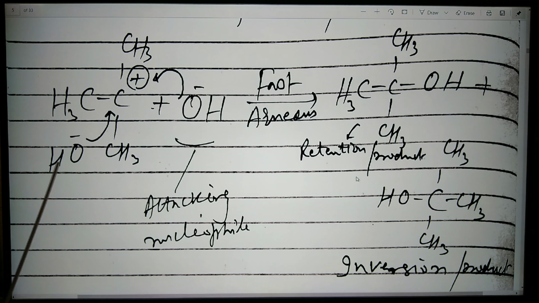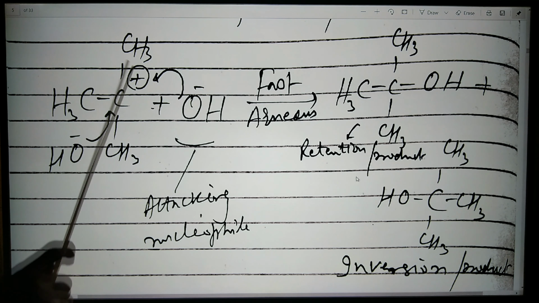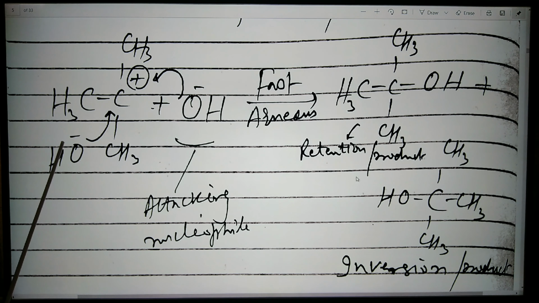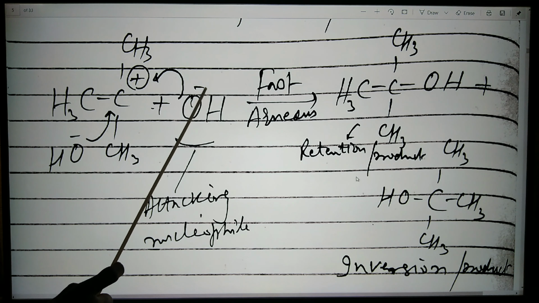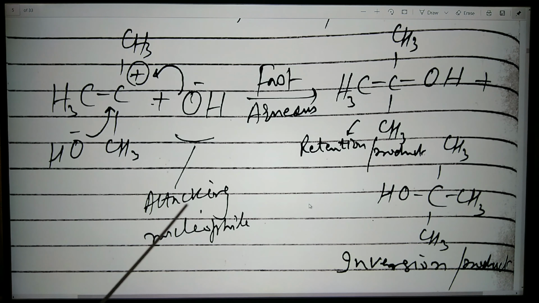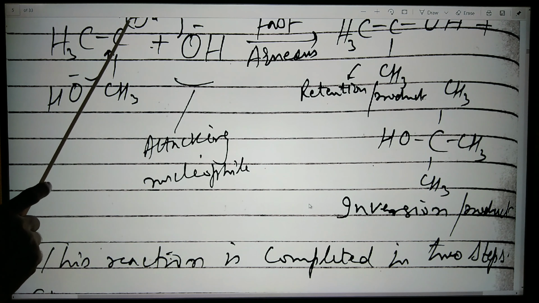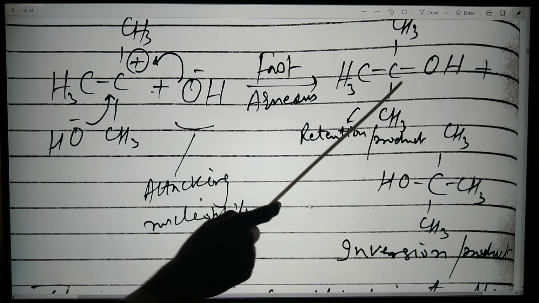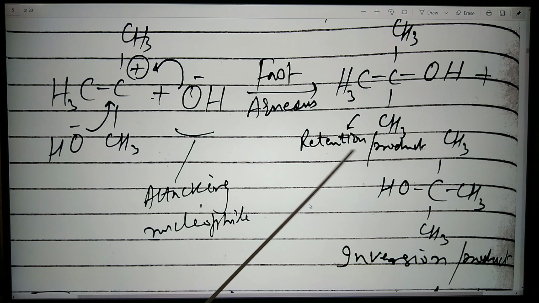If it attacks from the back side, this carbocation will rotate to form (CH3)3C-OH. So this is called the inversion product. Here OH is the attacking nucleophile, and it donates the electrons to form these two products. This is actually stereochemistry, which we have already explained in chapter 16.